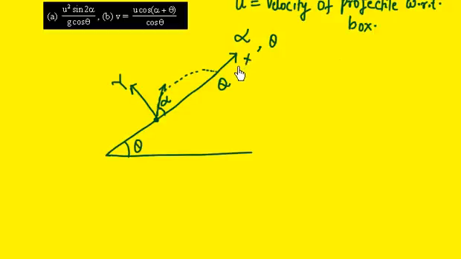Now I will try to write what g is. So g is this, and let us say this is the perpendicular to this incline. So what is this angle? Can anybody tell me? If you know that the angle between lines is equal to the angle between their perpendiculars, you can tell me easily.